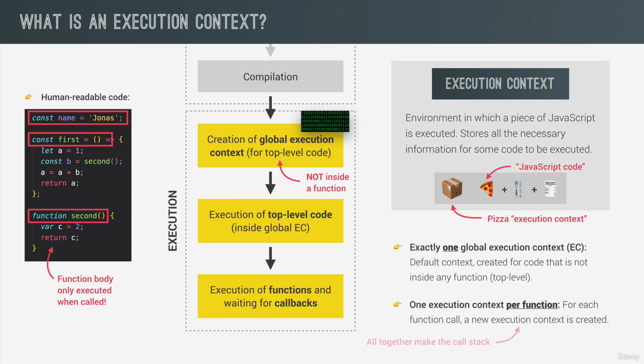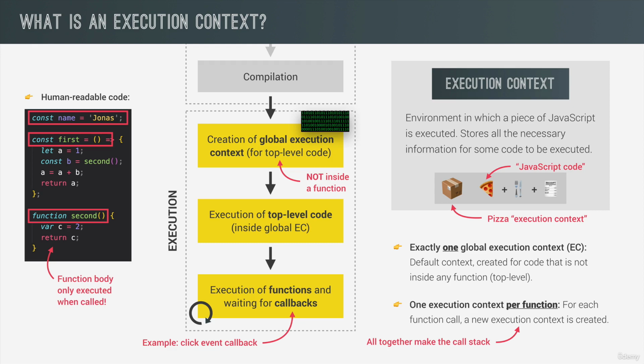Anyway, all these execution contexts together make up the call stack that I mentioned before, but more on that in a second. Now, when all functions are done executing, the engine will basically keep waiting for callback functions to arrive so that it can execute these. For example, a callback function associated with a click event. And remember that it's the event loop who provides these new callback functions, as we learned in the last lecture.